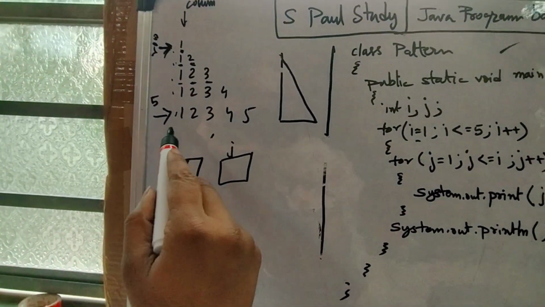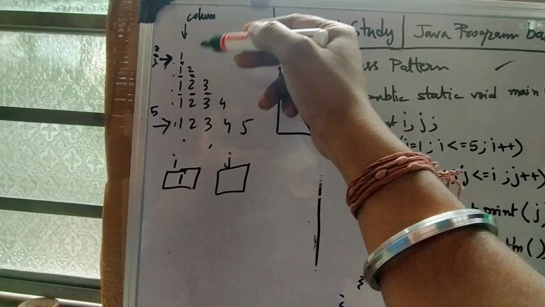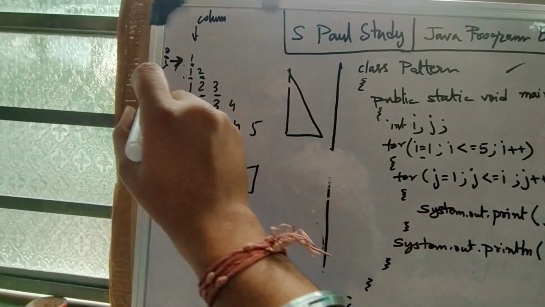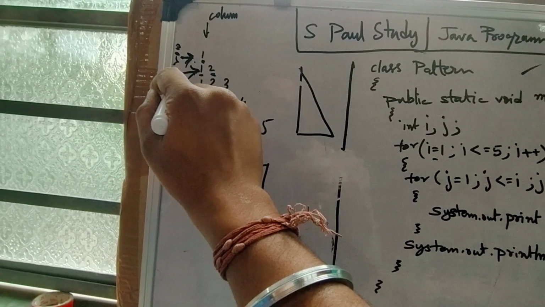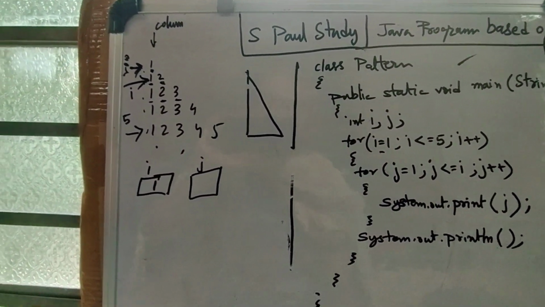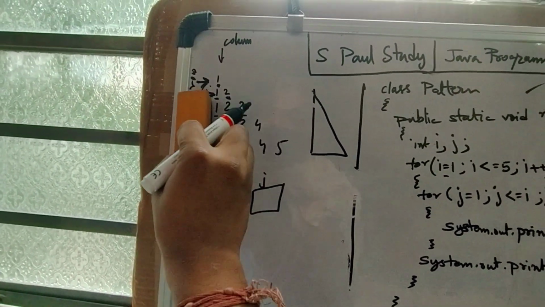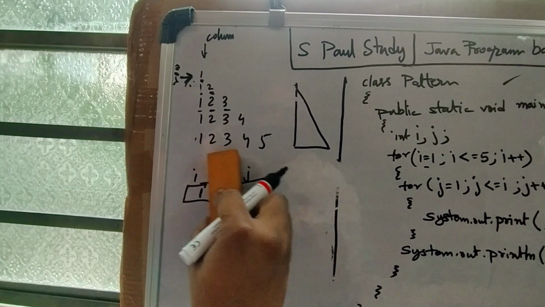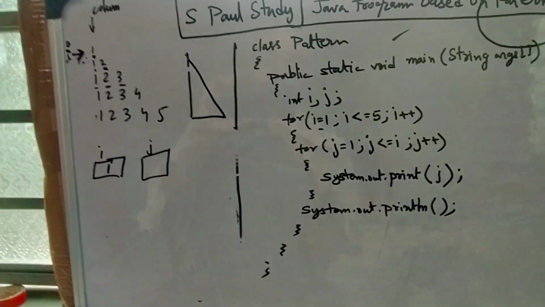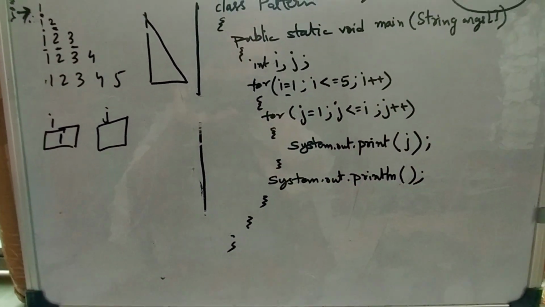But the printing of j, 1, 1 2, 1 2 3, is on the line of I. Here the condition is checked.